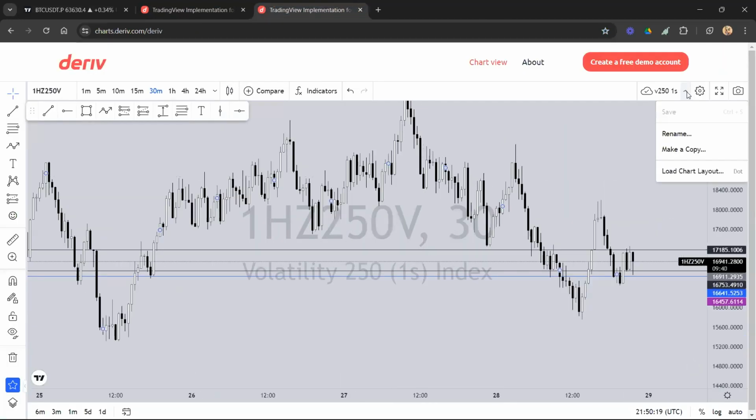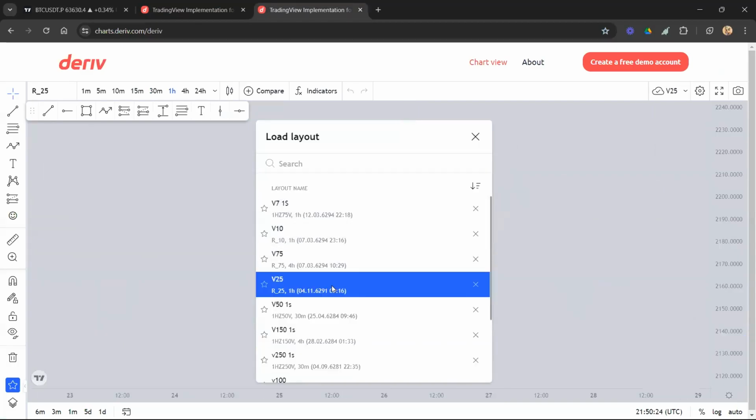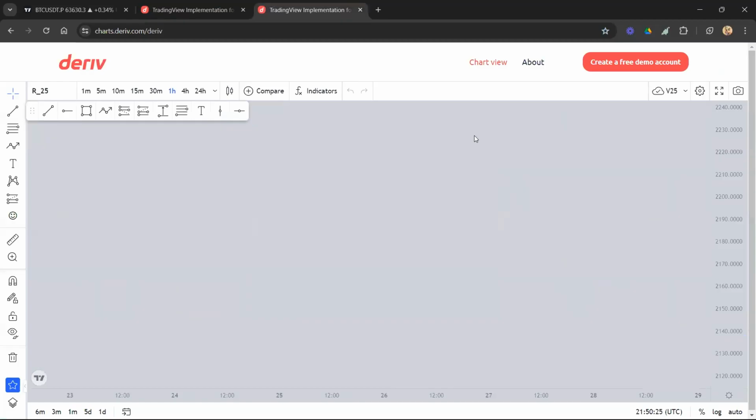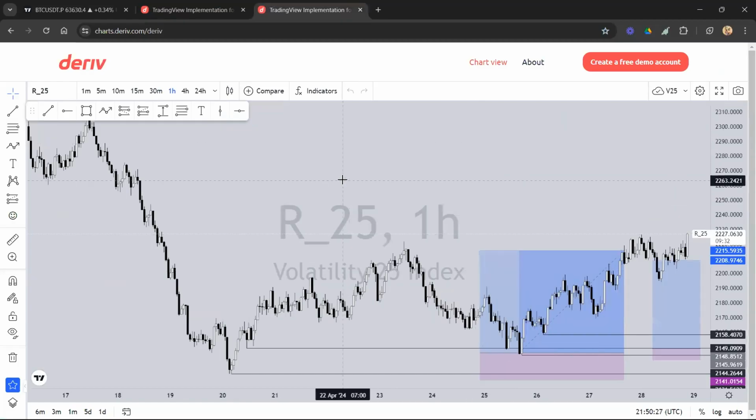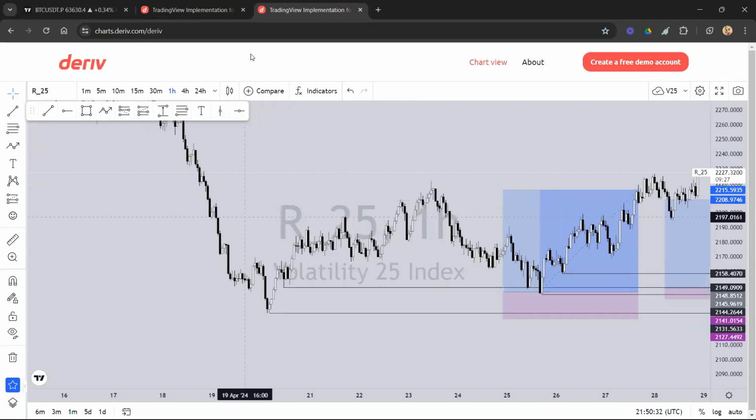Let me show you something on V25. It's still the same V25. Now this is an AMS, right? Let me show you. We had the low, right? We had the sweep of liquidity, right? Okay, this is the type 2 setup. What I just taught is a type 1 setup, but don't worry, I'll teach you a type 2 setup.